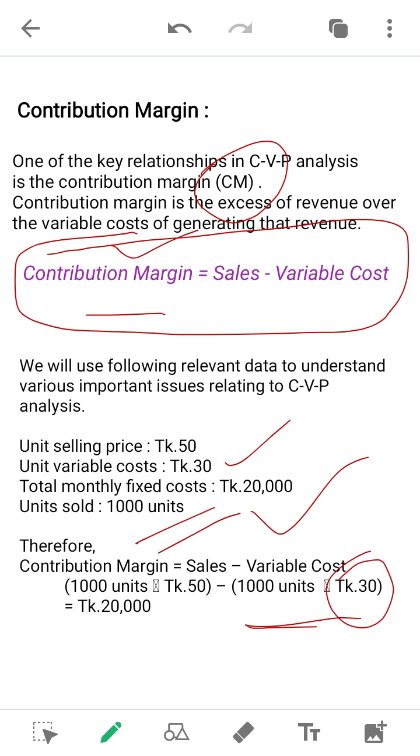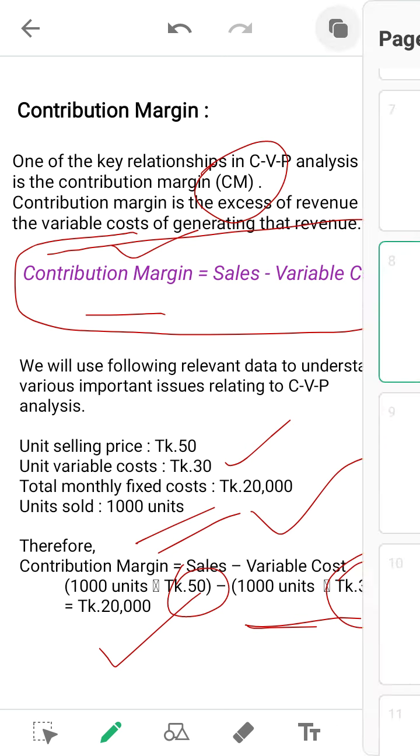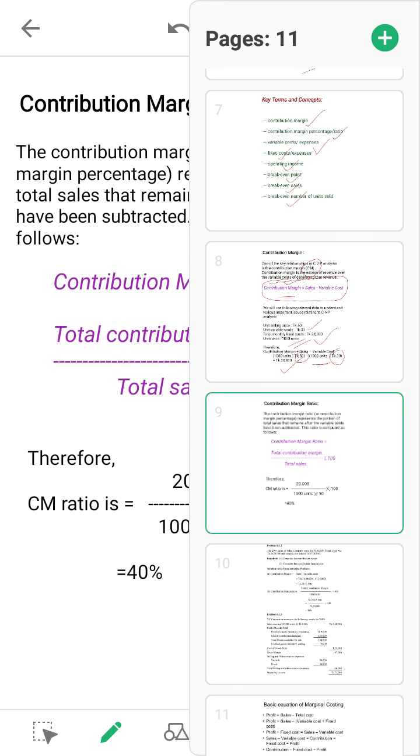It is variable cost, it is selling price. So after calculating this, we will find the contribution margin is taka 20,000. And this example you have to follow in the next slide. I'm going to the next slide.